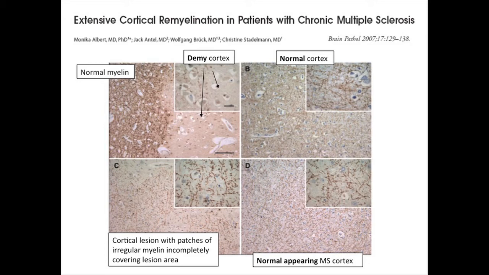It's illustrated here. On this side, you see normal myelin. This is cortex without myelin, so it's quite a contrast here. This is the normal control brain, and here there's a lesion again in the cortex, but with a few patches of thinly myelinated or irregular myelin around.